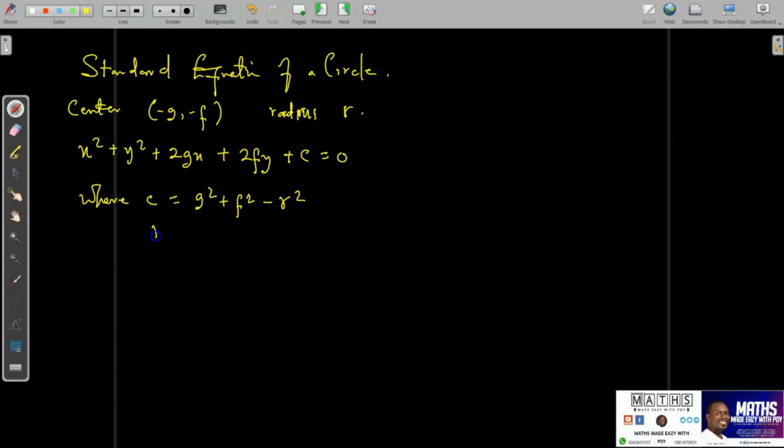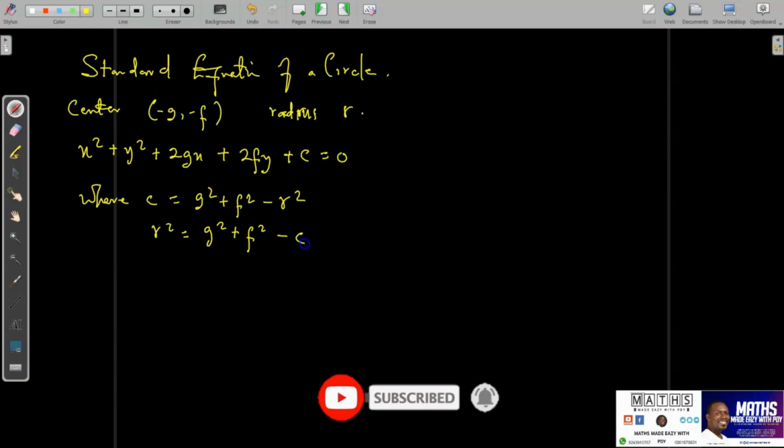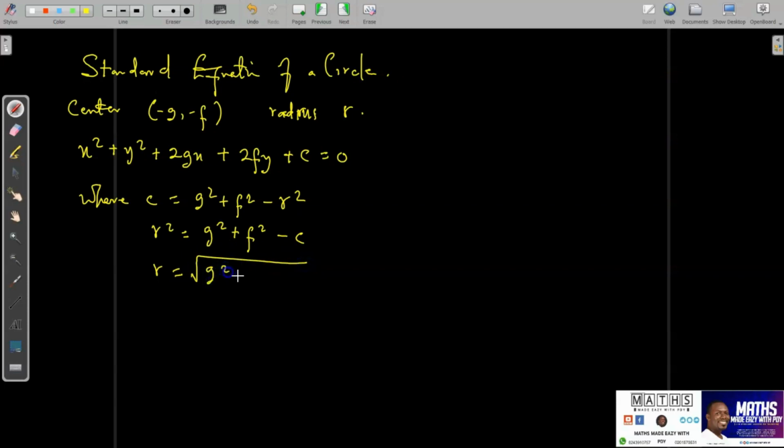So r squared is equal to g squared plus f squared minus c. So r will finally be the square root of g squared plus f squared minus c. Remember, I've shown you how the c came about. Can I move on?